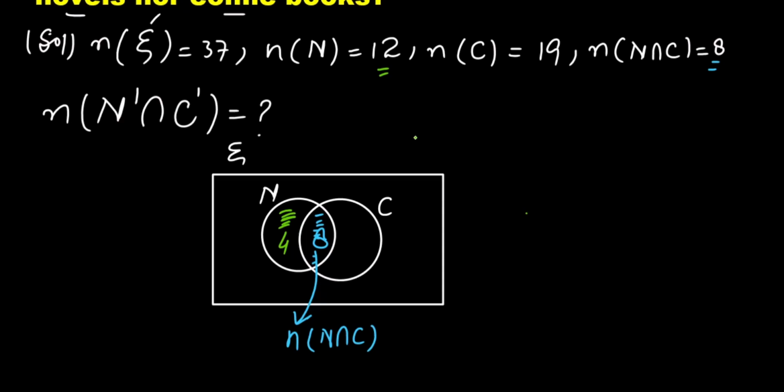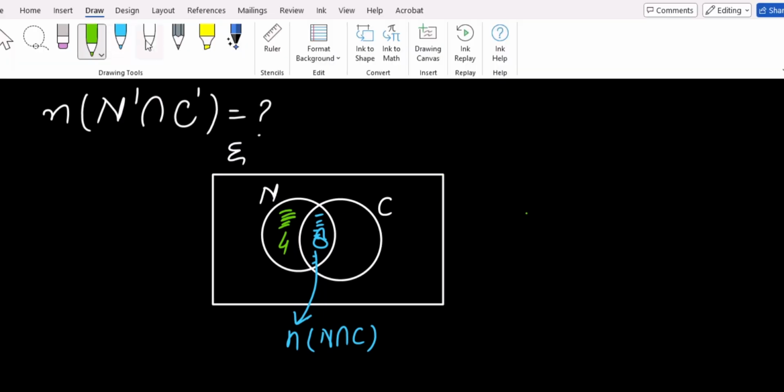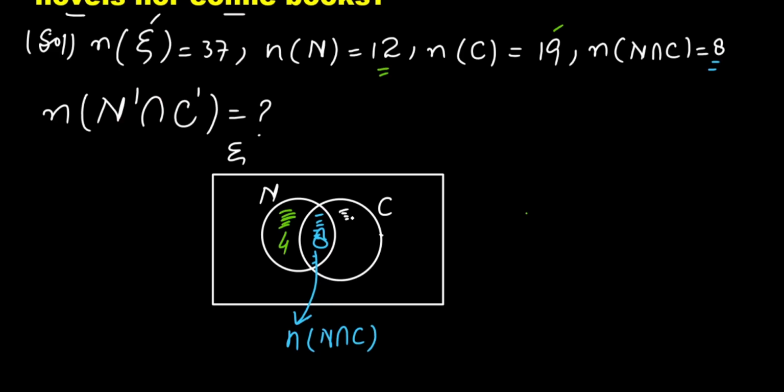Now the number of students who read just comics. Total readers of comics books are 19. So the students who just read comics will lie in this portion here. These are total 19, 8 of them have both interests, so these are 11.